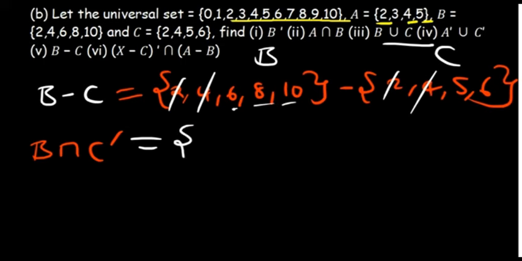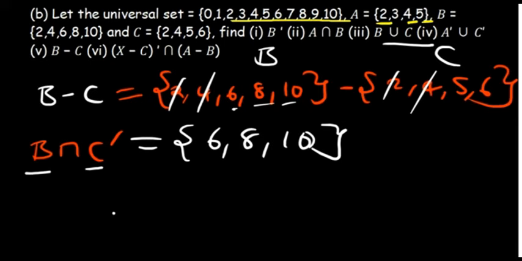So that is what is going to remain in our B if we remove the members that are in C. That is what it means when you say B minus C. The other way of thinking about it is the elements that are in B and are not in C. Then the other way is by comparing what is outside C and what is in B. You find the intersection between B and whatever is outside C, which is also okay.